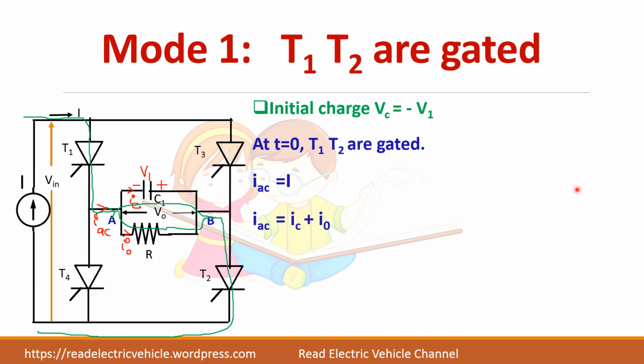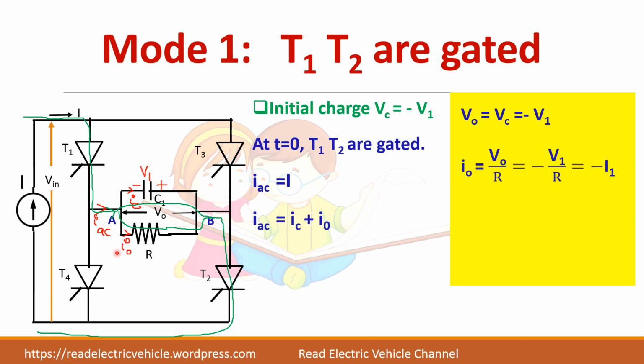Okay, so this is the current path. Now you can find here that IAC is equal to I, because when T1 and T2 conduct, the total current flows through this line. So IAC is equal to I, and IAC I can write as IC plus I0.